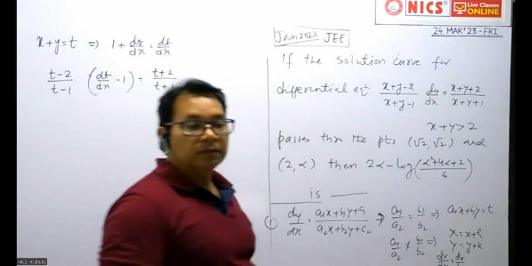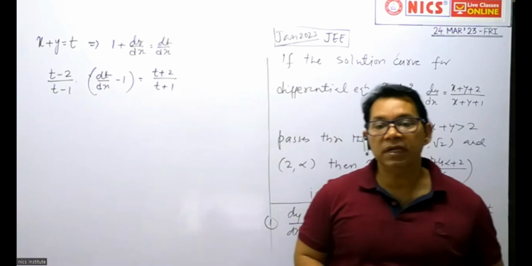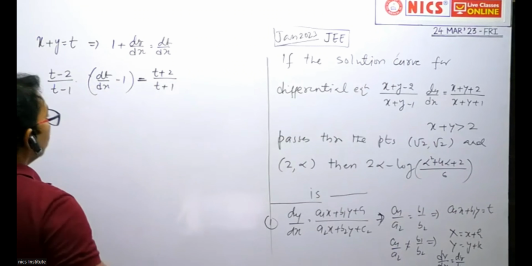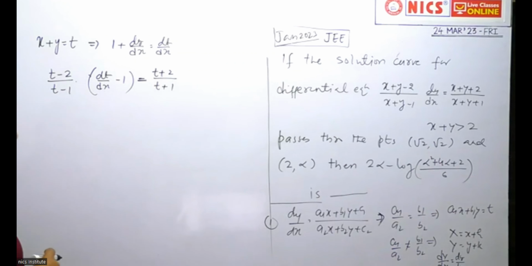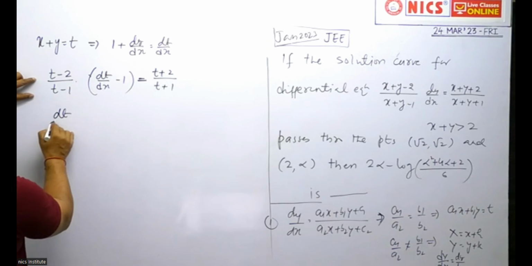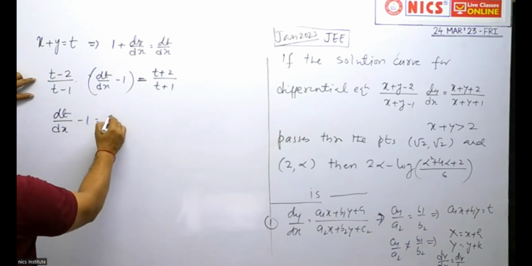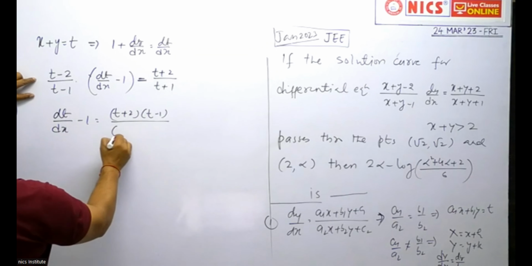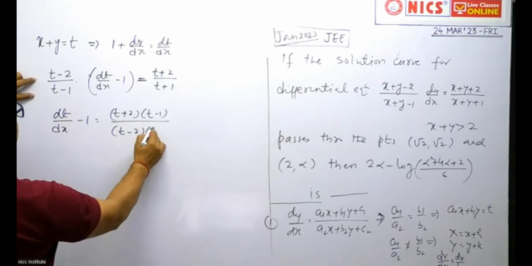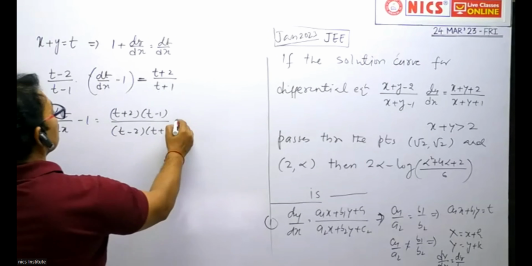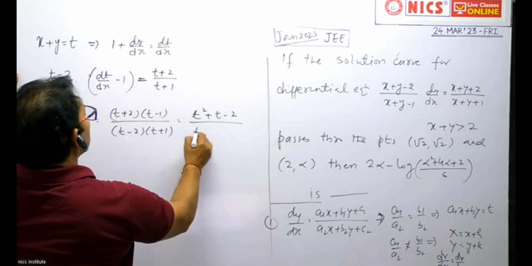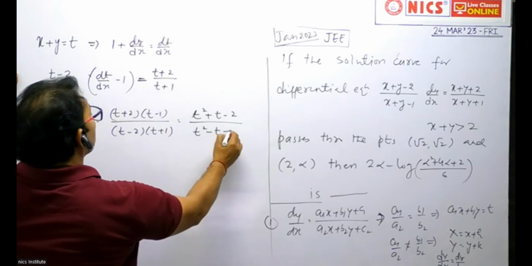So we substitute x plus y is equal to t, differentiate with respect to x, substitute in place of dy by dx, and x plus y is replaced by t. Now you can cross multiply. So it is (t plus 2) into (t minus 1). This is (t minus 2) into (t plus 1). Further simplify, t square plus t minus 2. This is t square minus t minus 2.